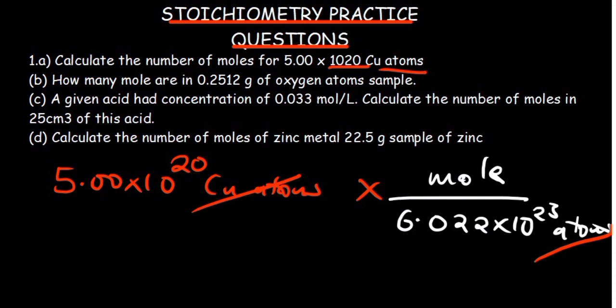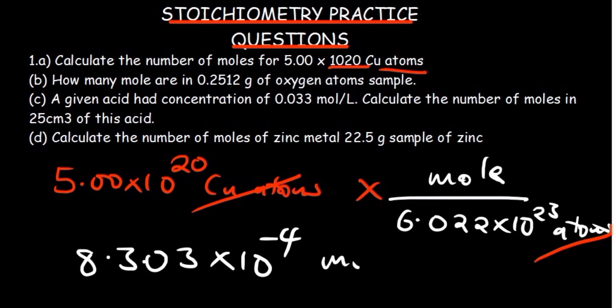After computation, the answer that I'm getting is 8.303 by 10 to the power negative 4 moles. These are the number of moles contained in 5 by 10 to the power 20 copper atoms. That is how you look at this question.